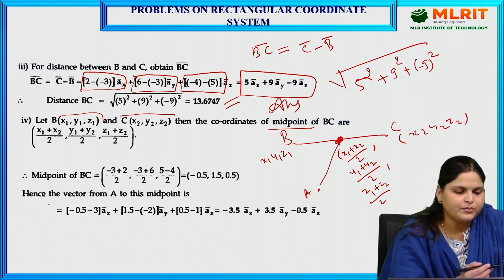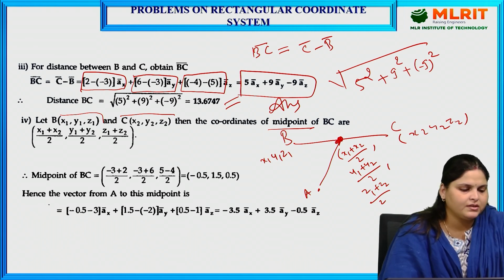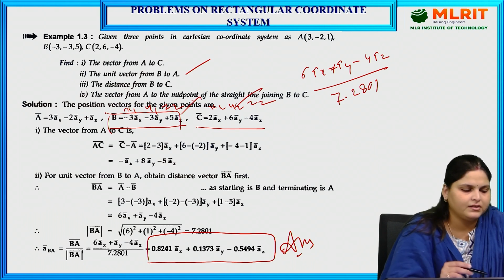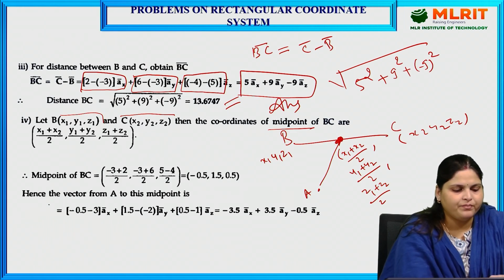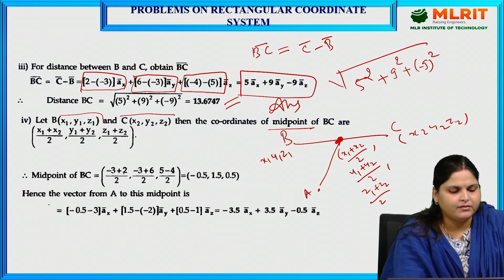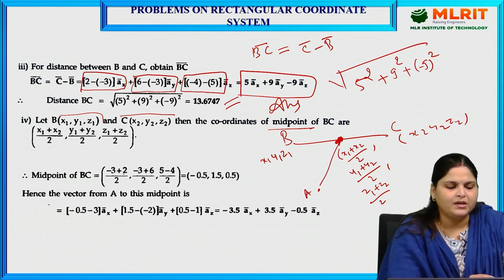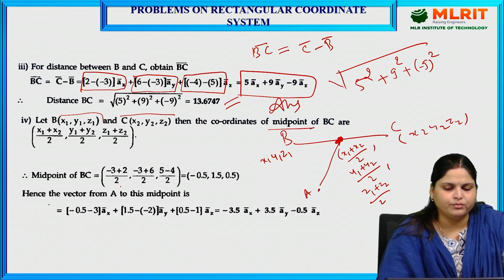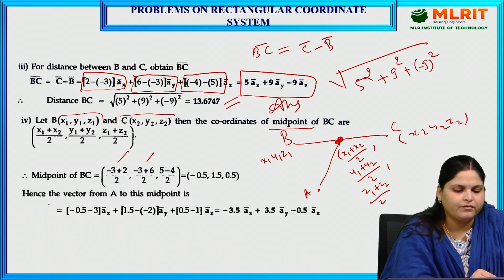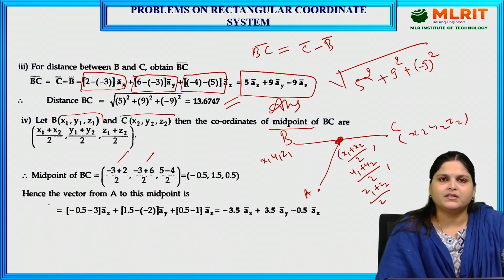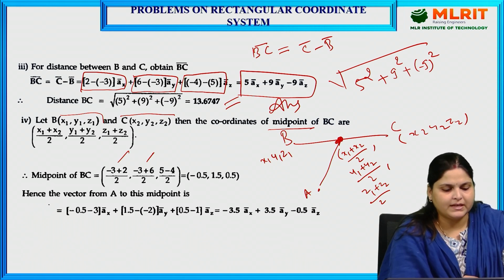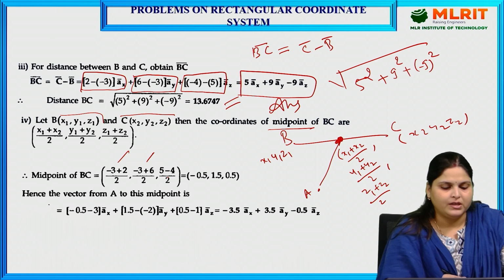So this will be the midpoint. Now what are these points? Now the equation is this, this and this. So these points are x1 is minus 3, x2 is 2, means minus 3 plus 2 by 2. Okay. Then for y what we will write? Minus 3 plus 6 by 2. Then for z we will write 5 minus 4 by 2.